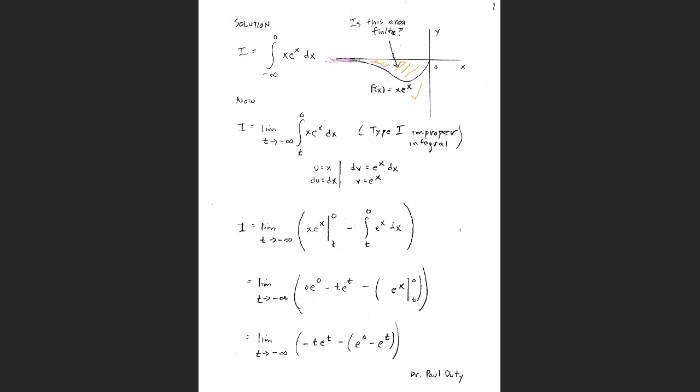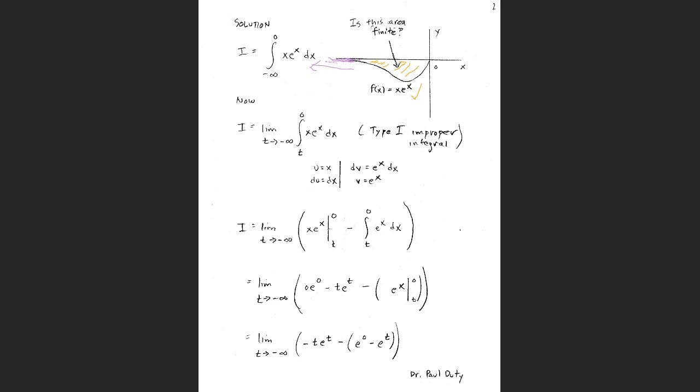Most people would think, since the function never touches the x-axis and we're always adding more area as we go out to negative infinity, that area has to be infinite, that integral has to diverge. But in fact, if the area is built up at a slow enough rate, the area actually will be finite.